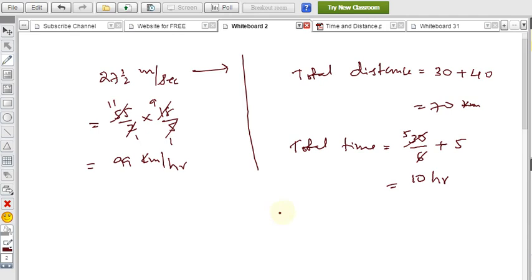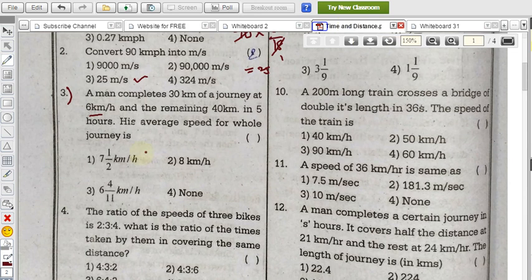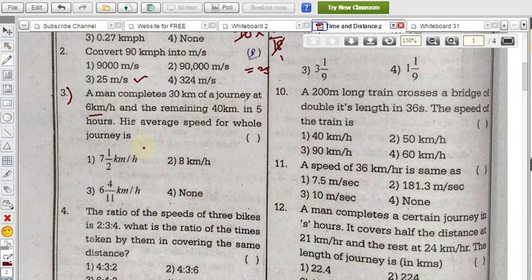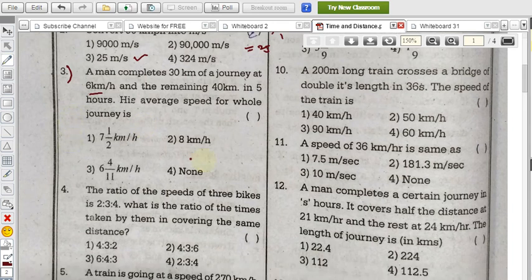Then average speed is total distance covered by total time taken, that is 70 by 10, which is 7 kilometer per hour. You just need to apply the formula.